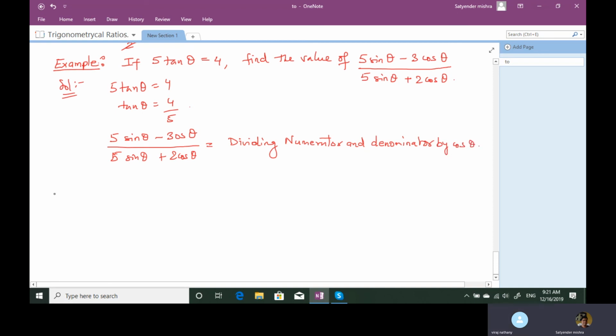तो क्या आ जाएगा अपने पास? 5 sin theta by cos theta minus 3 cos theta by cos theta, divided by 5 sin theta by cos theta plus 2 cos theta by cos theta. So cos theta cancel, right?